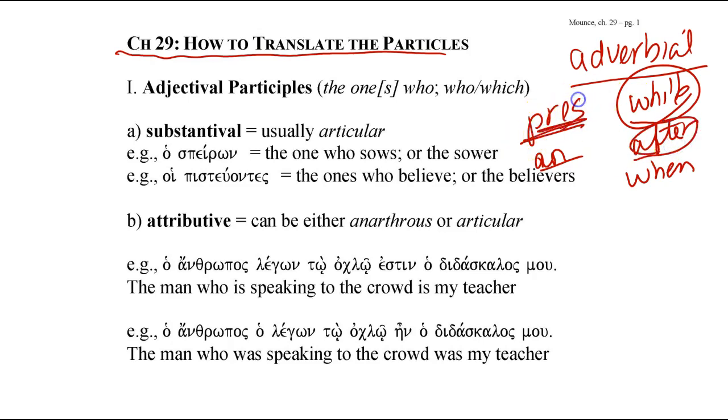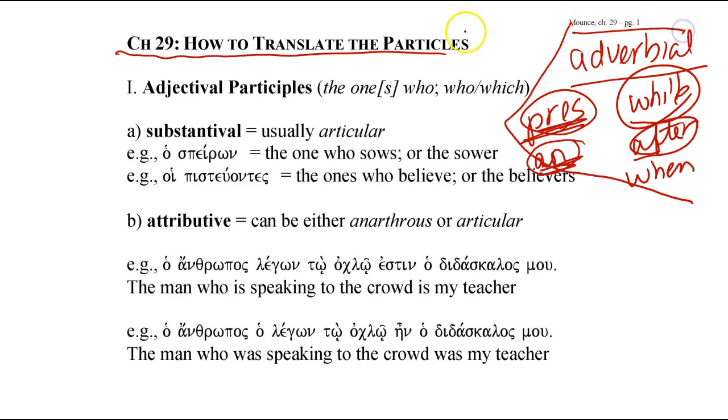The present participle is used to show simultaneous time. The aorist participle is used to show sequential time. The participle action comes first, and then the action of the verb. For the present participle, the action of the participle happens at the same time as the action of the main verb. So these are adverbial translations.